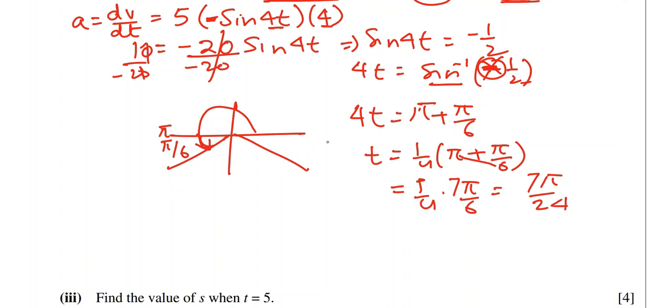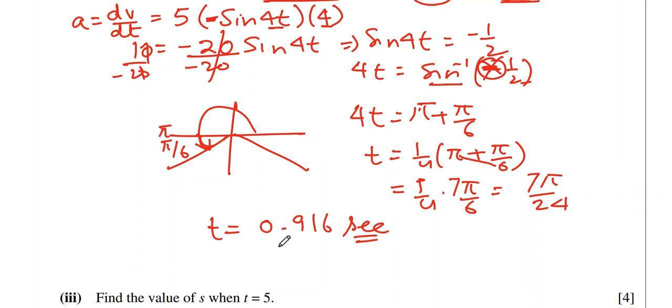Since this is a practical question, we'll give the answer in decimals. So 7 pi by 24 in decimal will be 0.916 seconds.